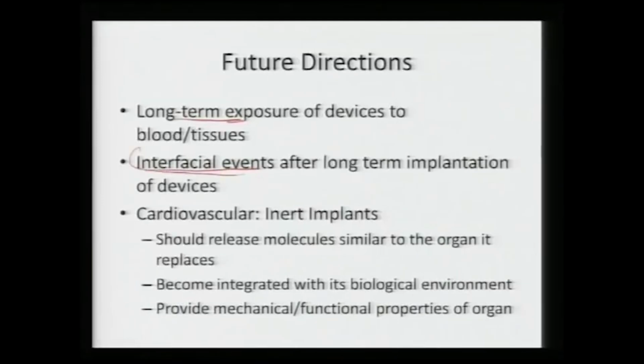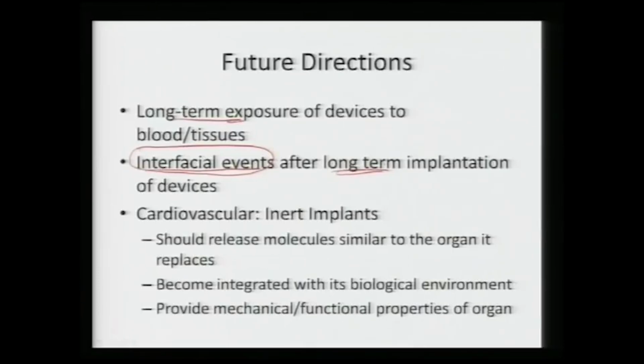That can degrade the overall functionality or the mechanical properties of the device. So, it becomes very essential to study the interfacial events which occur after a long term implantation, seeing what is happening at the interface between the device and the surrounding tissues.